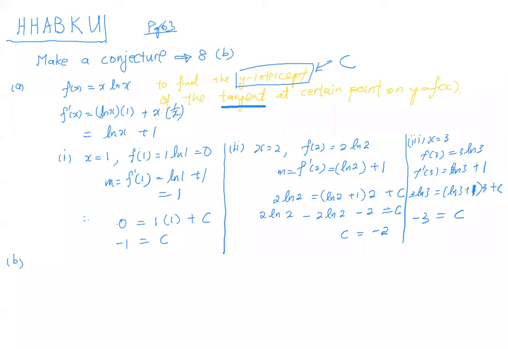Can you please go to the dictionary and check the meaning of conjecture? Read: an opinion or conclusion formed on the basis of incomplete information. I think that is not the definition that we want.